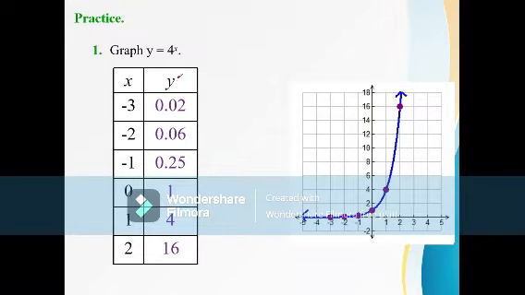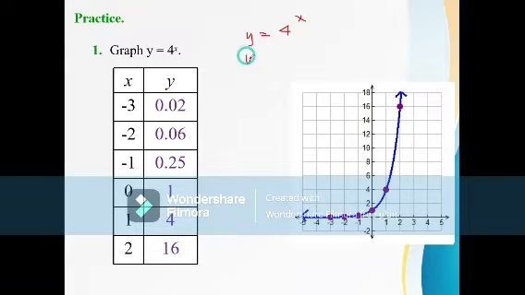If y is equal to 4 to the power of x, if x is negative 3, let's try to solve just an example, so you will be guided as to what to do. So this is our exponential function.